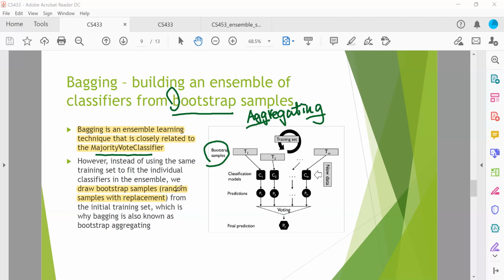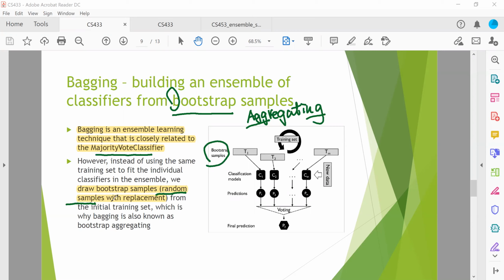Bootstrap samples means you randomly pick the training set. You are not going to use all of the training set, you pick part of the data sets.